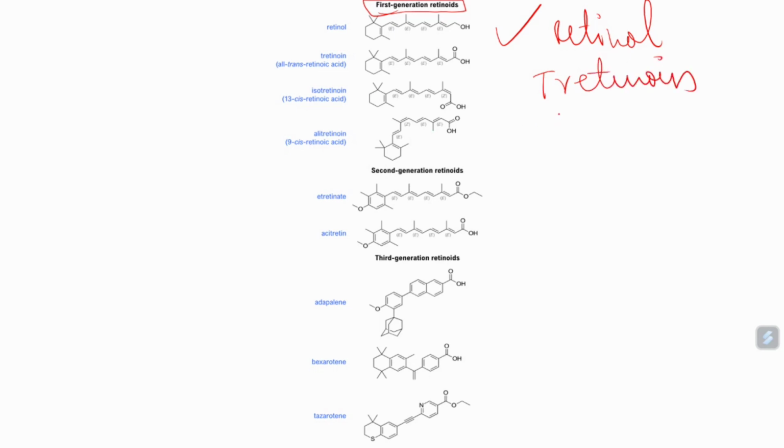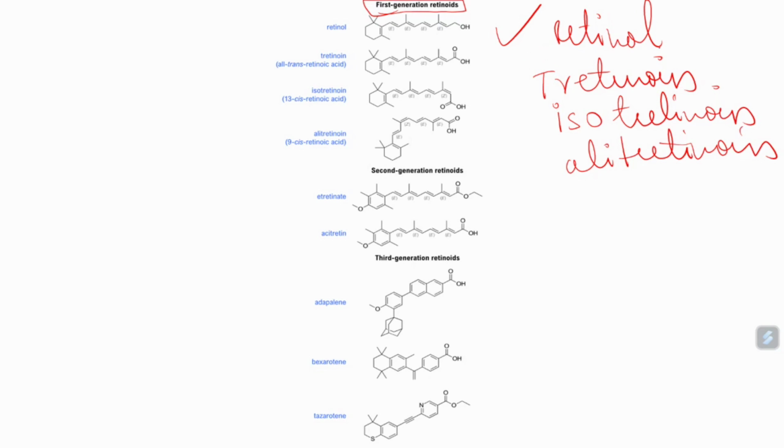And we have isotretinoin, and we have alitretinoin. So these four drugs, retinol, tretinoin, isotretinoin, and alitretinoin, these are first generation retinoids.